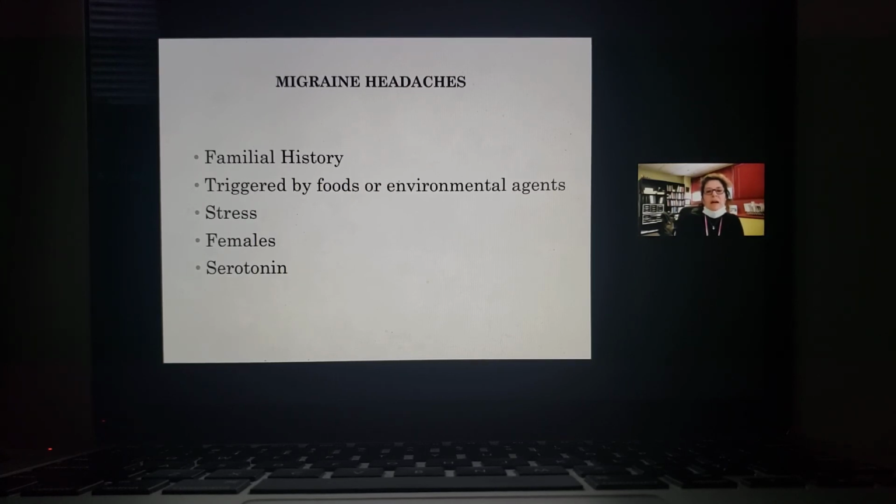Triggered by food or environmental agents, right? And stress, as Colin mentioned, being 20 hours on the computer could be one of them, but stress definitely triggers it. It's mainly in females, and it's been associated with abrupt changes in serotonin, and also with abrupt changes in estrogen.